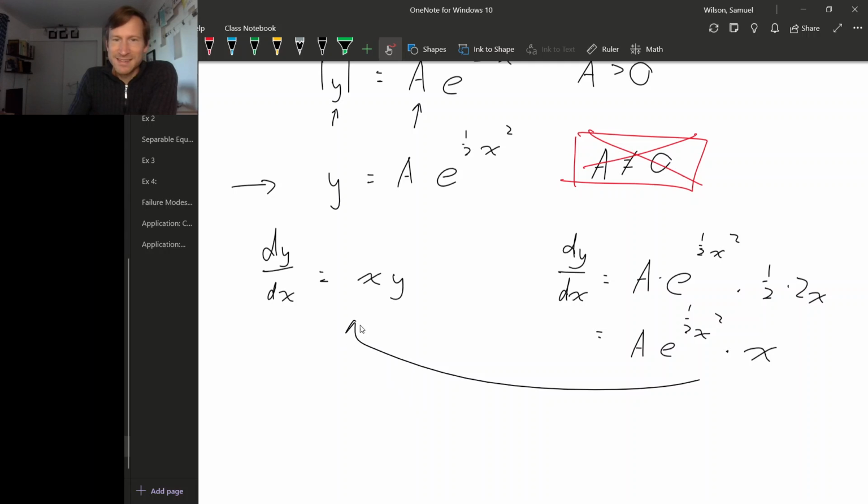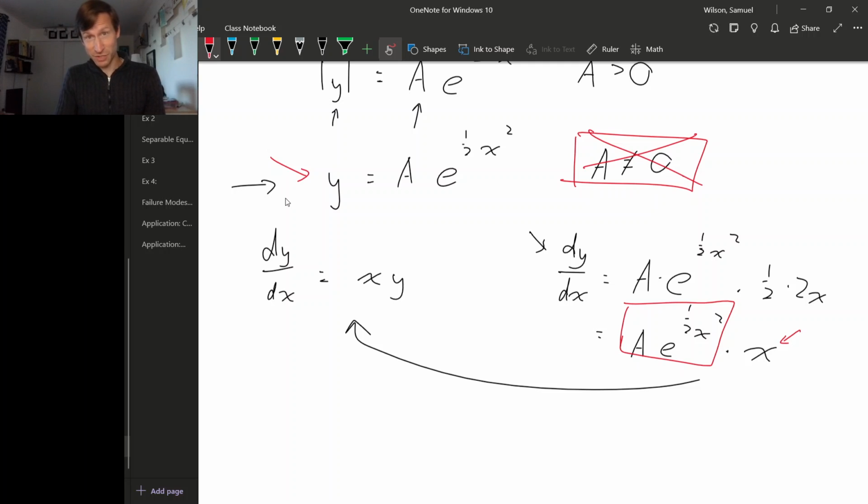And yes, that satisfies this differential equation because the derivative is the original function times x. So this solution that we found really is a solution to the differential equation. In fact, it's a general solution. So this isn't totally obvious, but in fact, every solution is of this form.